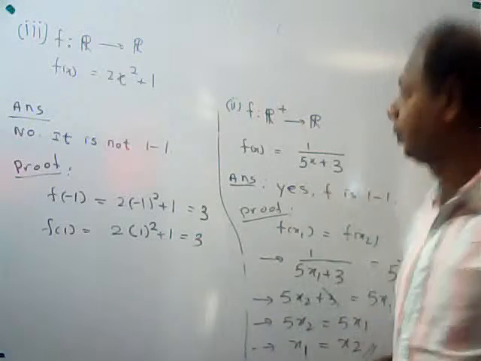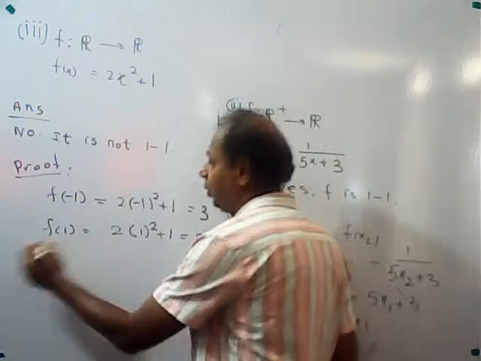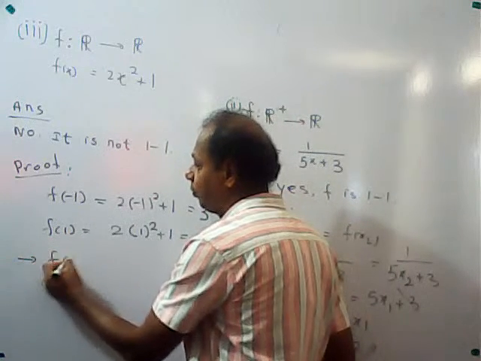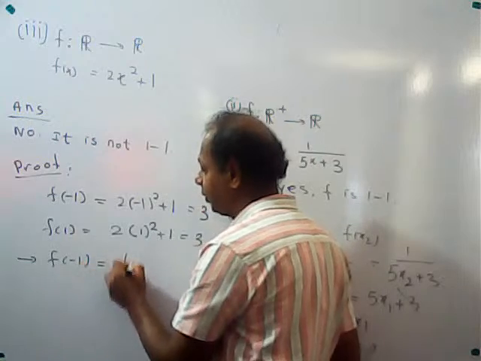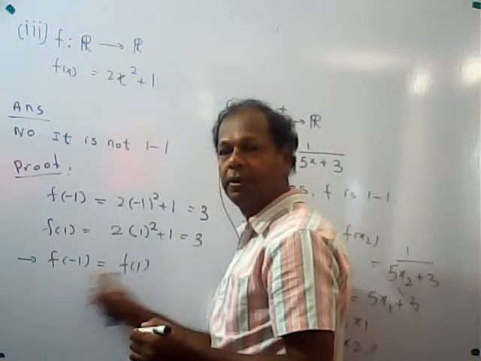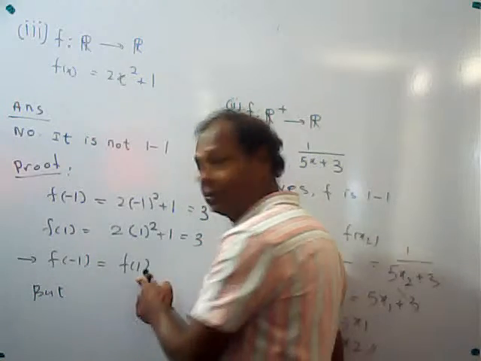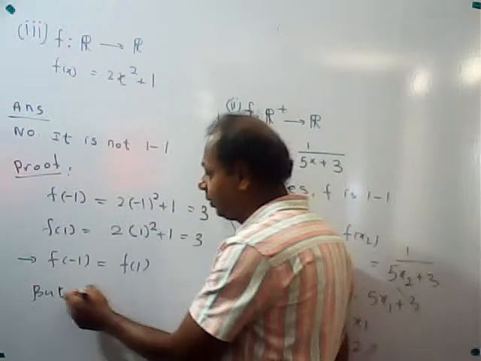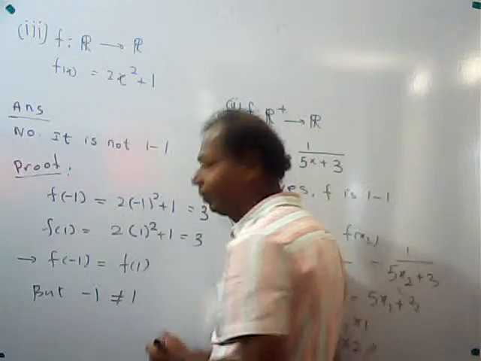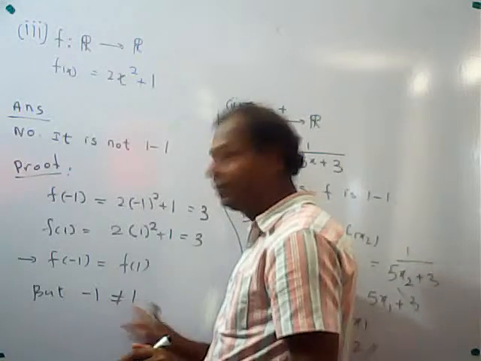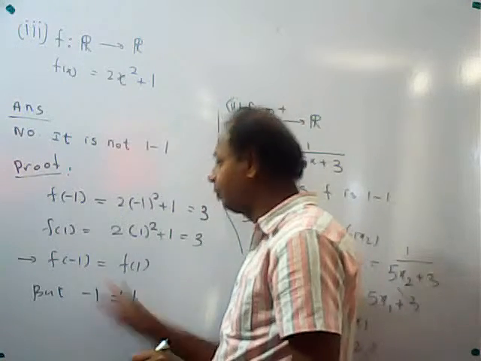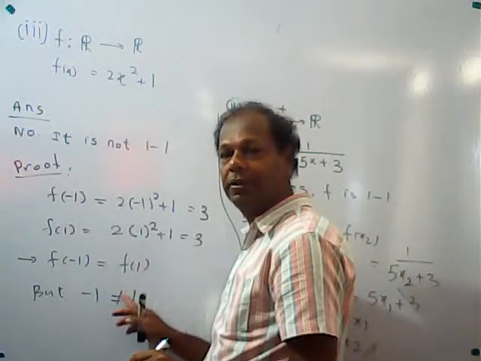Therefore, this implies f minus 1 equals f1. Two function values are the same, but minus 1 is not equal to 1. For two distinct values, minus 1 and plus 1, the function values are the same.